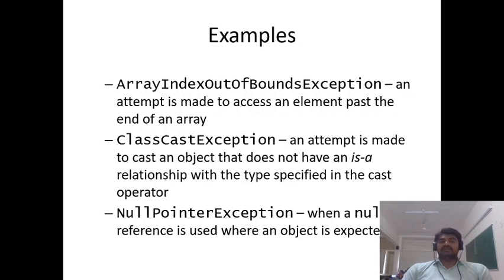The next example is ClassCastException. An attempt is made to cast an object that does not have an is-a relation with the type. In such a situation, you will get a ClassCastException. This is one more example of an exception.